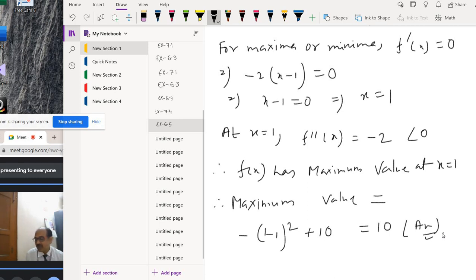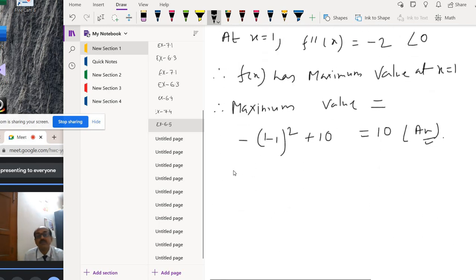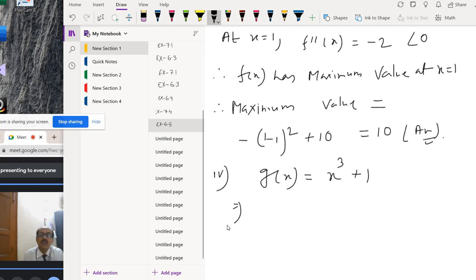Okay, next question number 4. g(x) equal to x cube plus 1. Find the derivative. So g dash x equal to 3x square, and 1 derivative is 0.